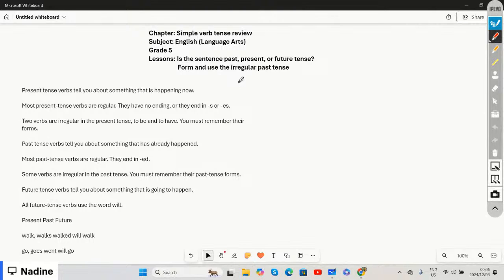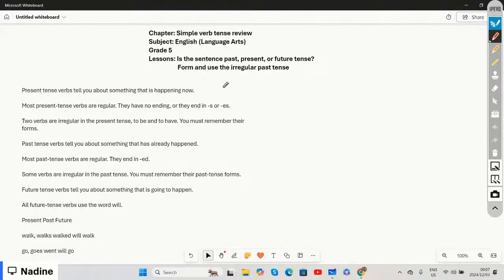The subject does the action, meaning it's either the person, animal, place, or thing that does the action. The different tenses will tell us if the action is being done in the present, which is now, in the past, which happened already, or in the future, which means that it will still happen or it needs to still happen. That is what it means when it comes to tenses.